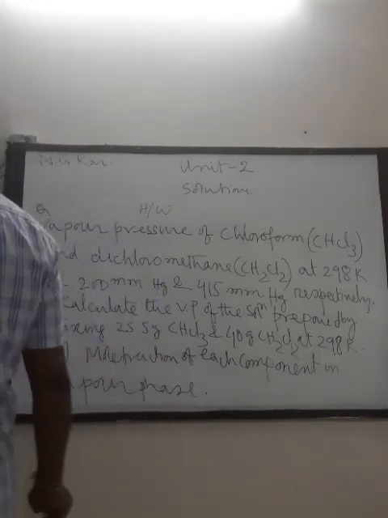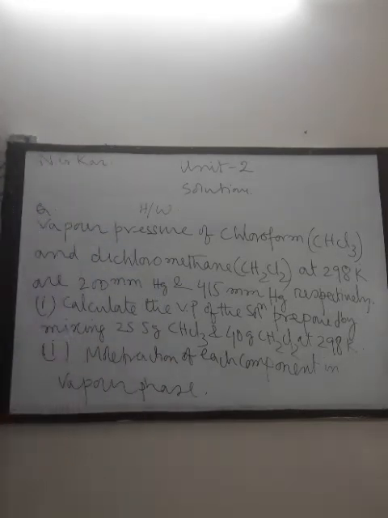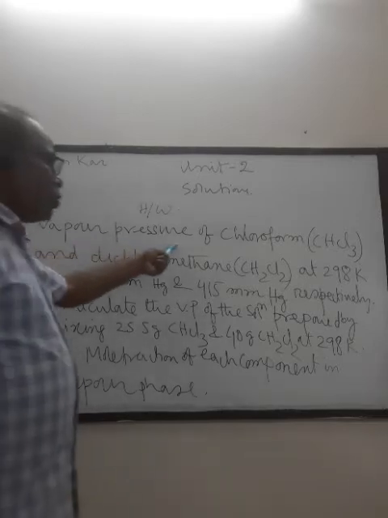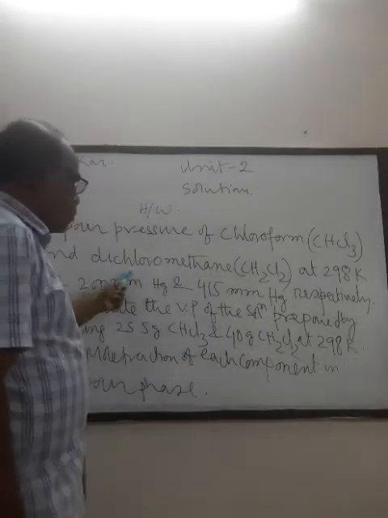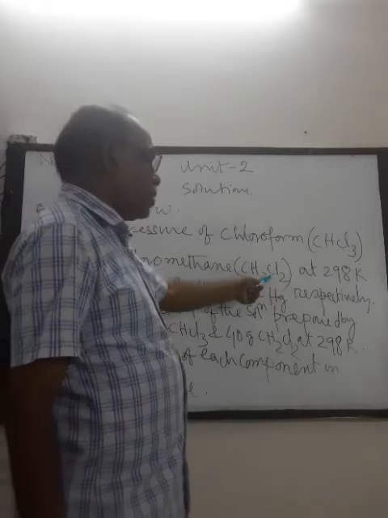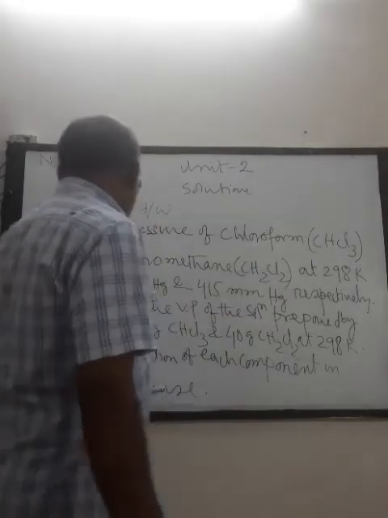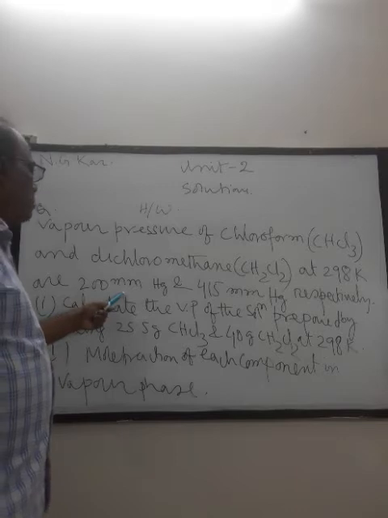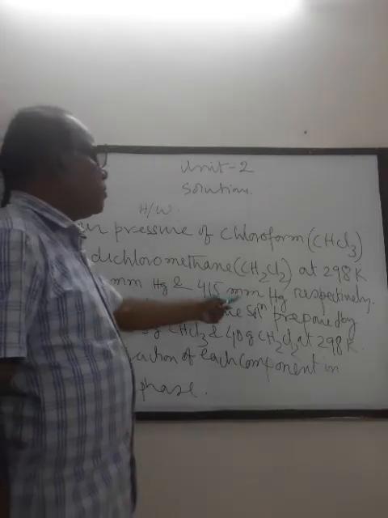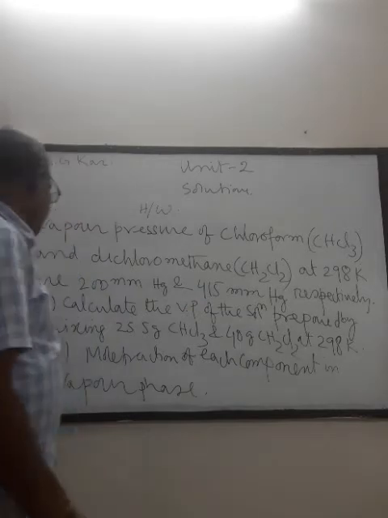So this numerical is exactly the same as the first numerical. The vapor pressure of chloroform, CHCl3, and dichloromethane, CH2Cl2, at 298 Kelvin are 200 mm of mercury and 400 mm of mercury respectively.